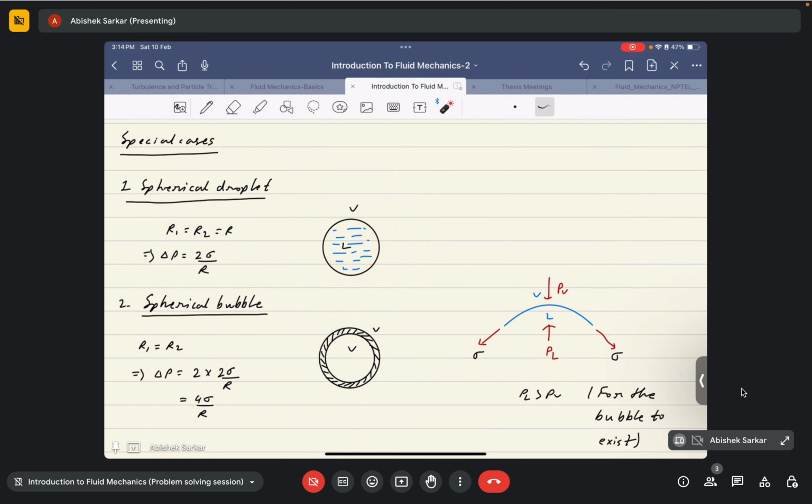And this pressure is always greater than the surrounding atmospheric pressure, and that's why it is the excess pressure that is of interest rather than the absolute pressure when analyzing the surface tension effects. It is required to maintain the integrity of the spherical droplet and the spherical bubble, okay?